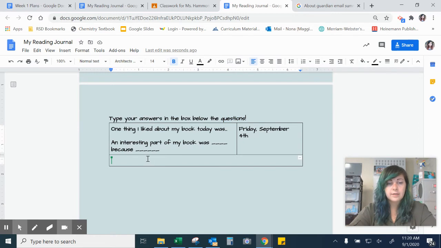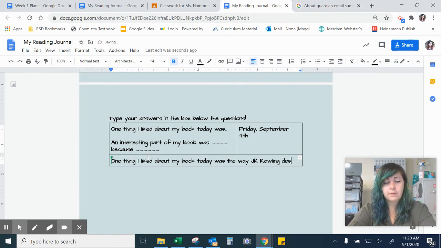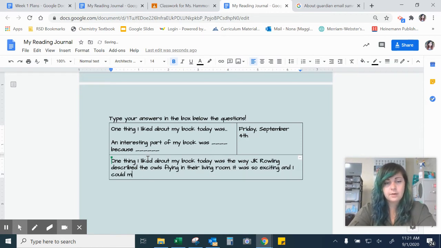One thing I liked about my book today was, okay, well, one thing I liked about my book today was the way J.K. Rowling described the owls flying in their living room. It was so exciting, and I could make a mind movie.